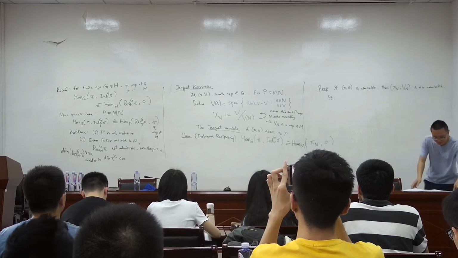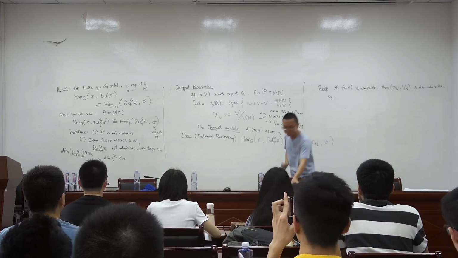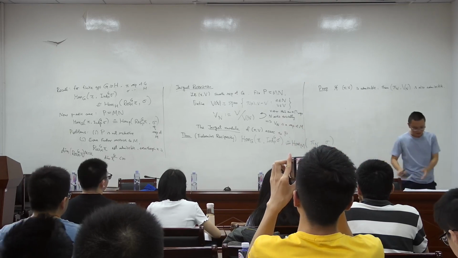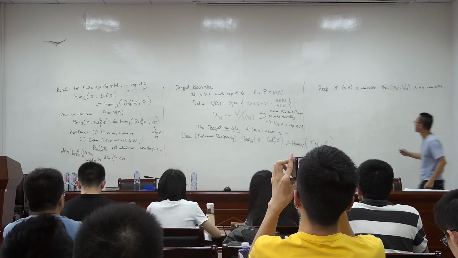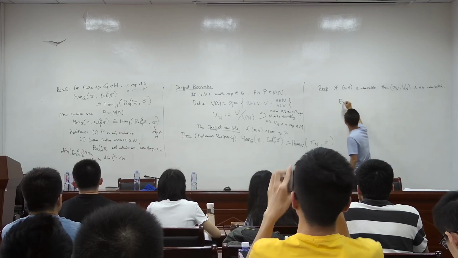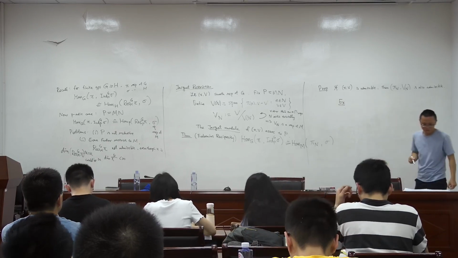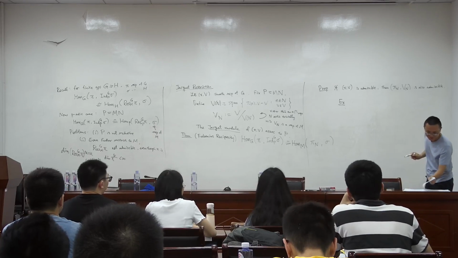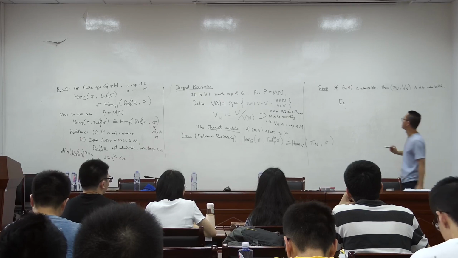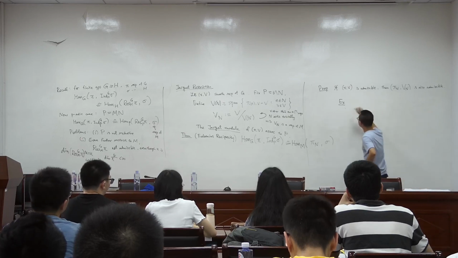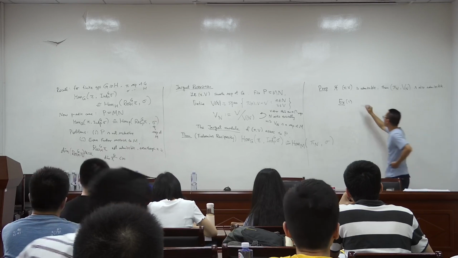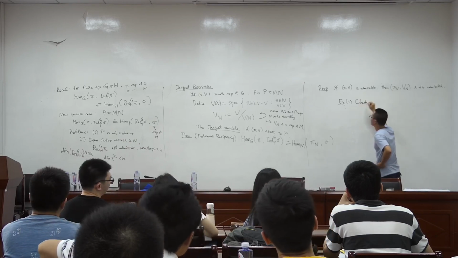Sorry, I should say one more thing before I move on to the proof. I think this idea is quite important. I give it as an exercise. Actually, two exercises, but this one is important. So exercise 1. You check the following.